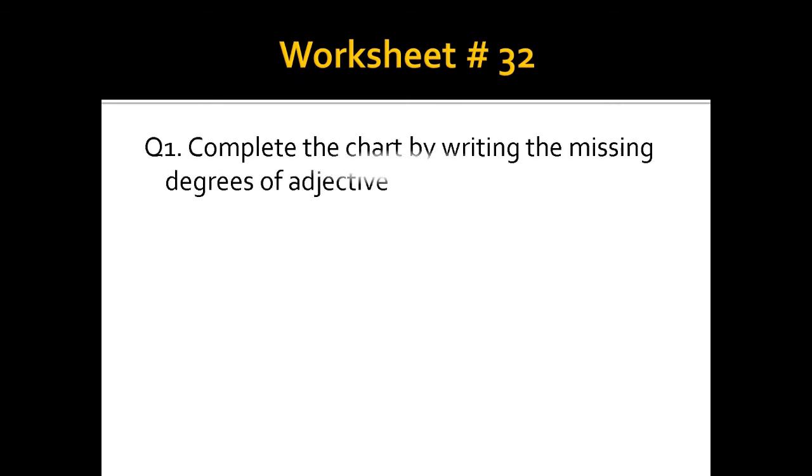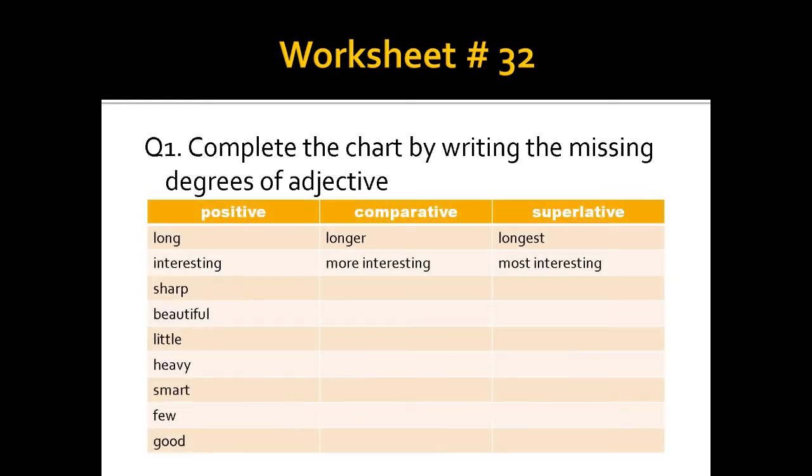See the worksheet number 32. Question number 1. Complete the chart by writing the missing degrees of adjectives. So see, positive, comparative and superlative. So class, you can see there are positive forms of adjectives: long, interesting, sharp, beautiful, little, heavy, smart, few and good.